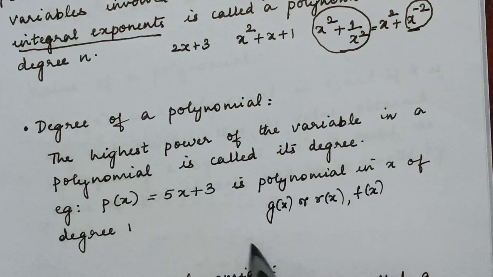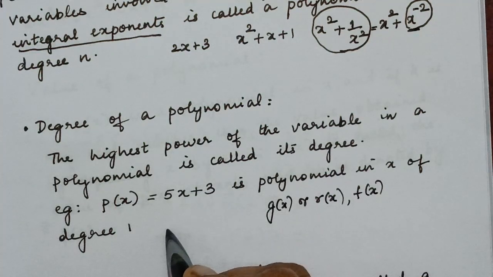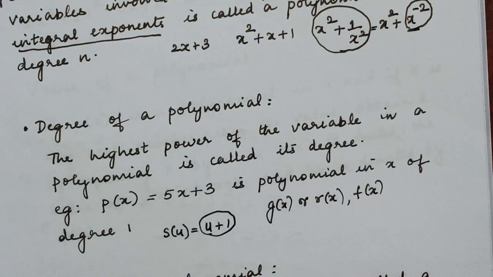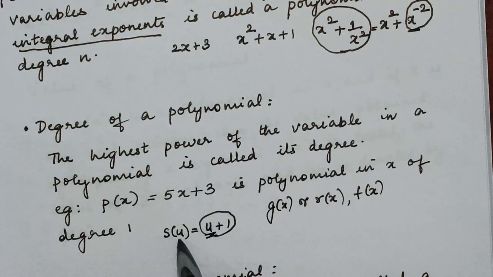Suppose the polynomial is in u, and I am writing s of u, that is u plus 1. This u plus 1 is a polynomial in variable u. That's why it is written as s of u, or you can write it as p of u or r of u or f of u.